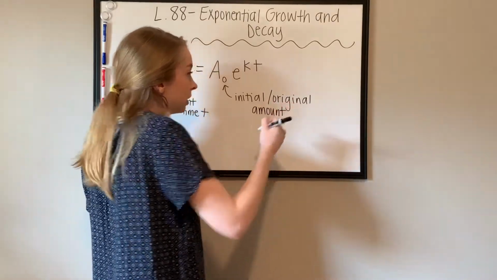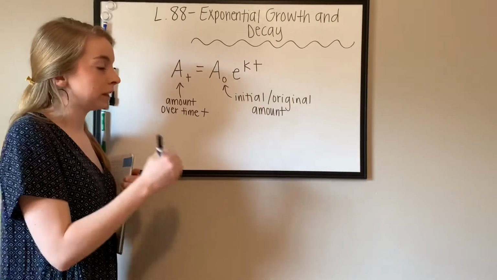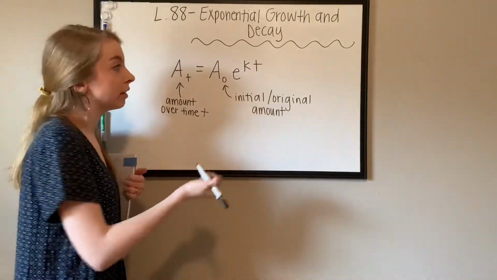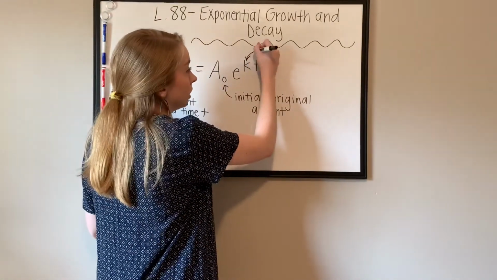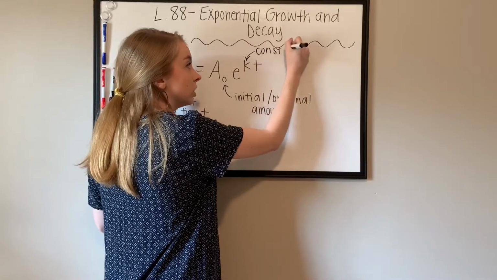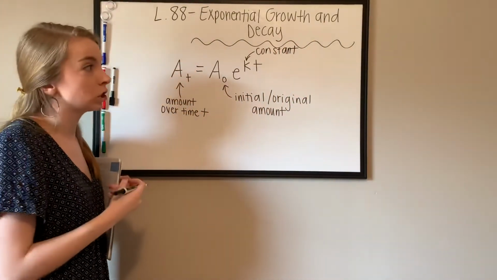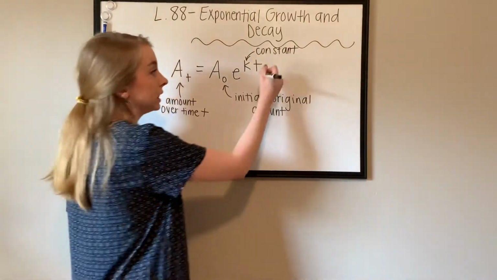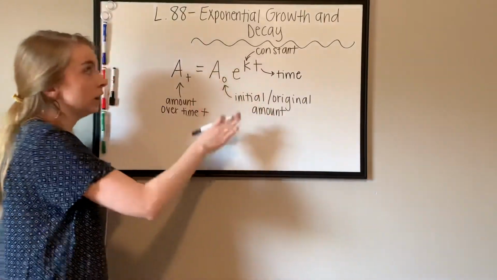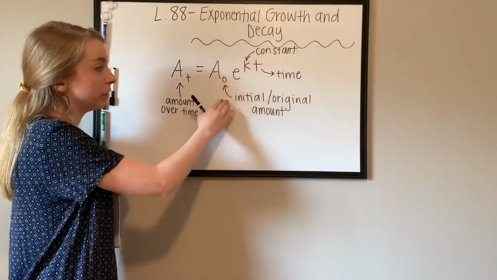With the rice example, it would be 1 grain of rice. Whatever you're starting with, that's your starting point, your original amount. E is just E, it's nothing special. K is going to be a constant, just like it is when we do direct and inverse variation. K is just a constant. And then T is going to be time. So this is your exponential growth and decay model. And these are the values you're going to get.